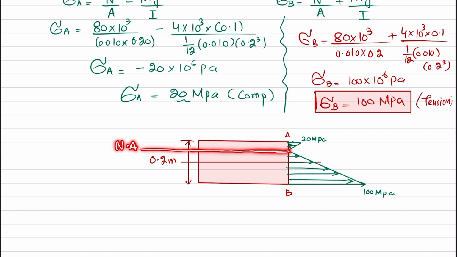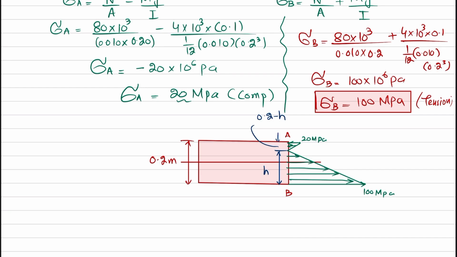In order to find the distance of neutral axis, what we will do is, if this is total height 0.2 and let this distance is h, so this remaining distance will be equal to 0.2 minus h.